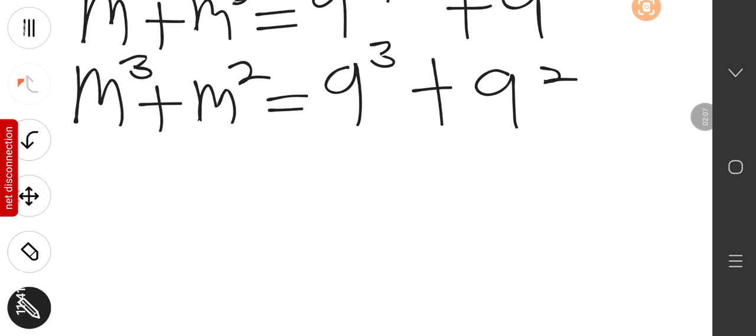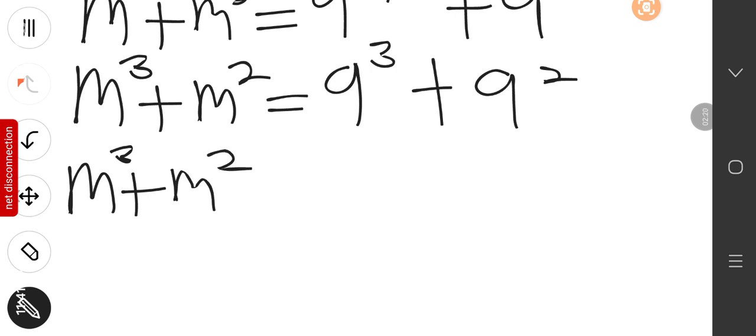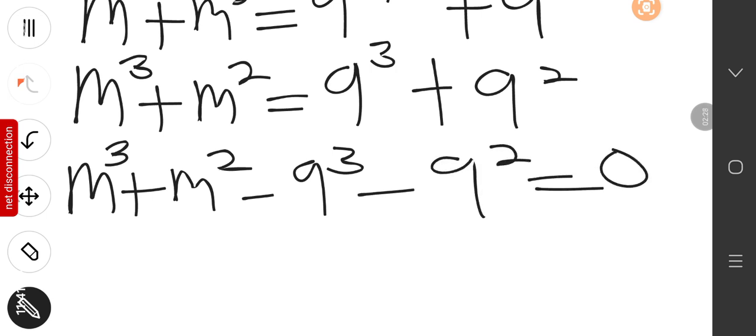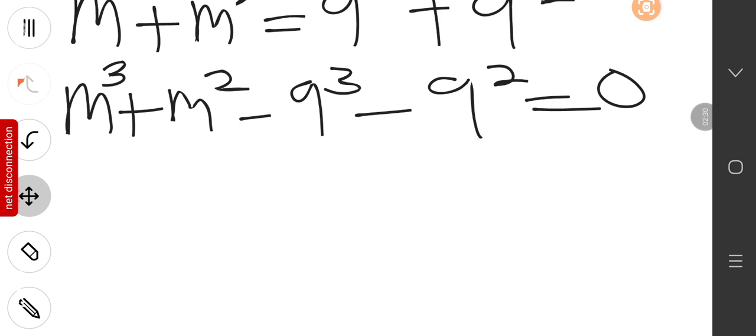So here we're going to transpose all the components to the left part of the equation. So we're going to have m cubed plus m squared minus 9 cubed minus 9 squared equals 0. All right, so let's group all the cubes and then group all the squares.